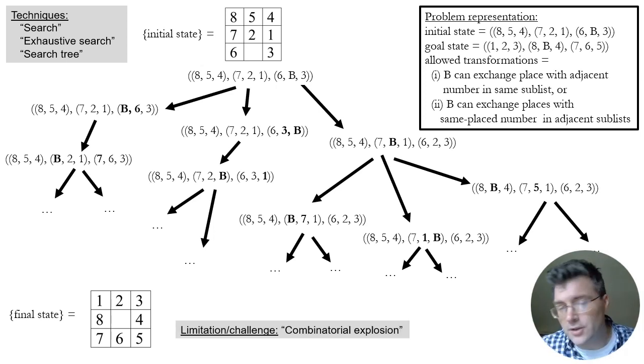Now, this is clearly a very clever idea, to do an exhaustive search across all of the possible transformations that could be made. But the problem is that very quickly the number of possible choices becomes computationally intractable.